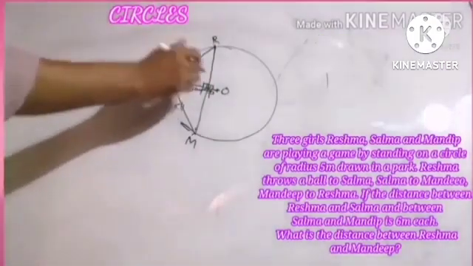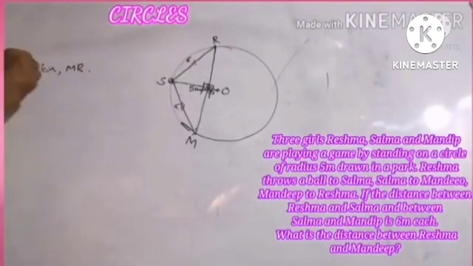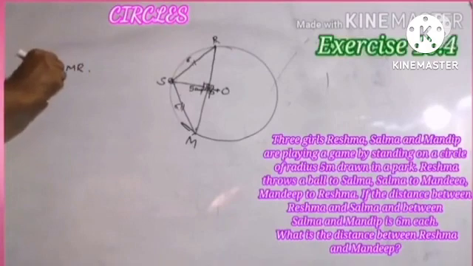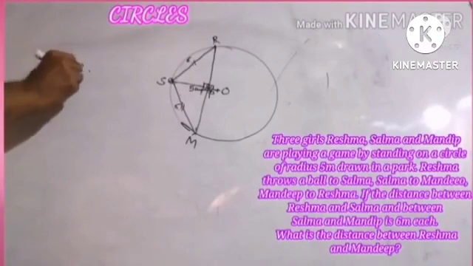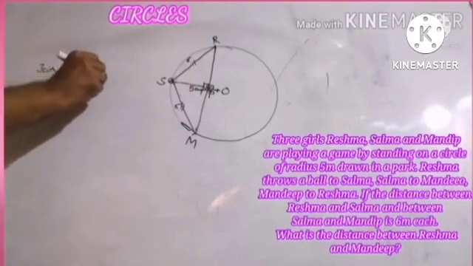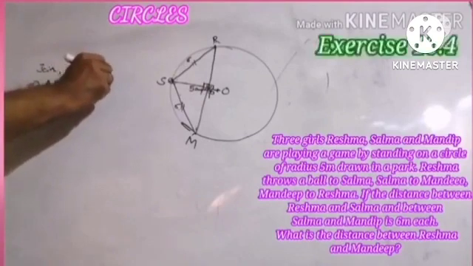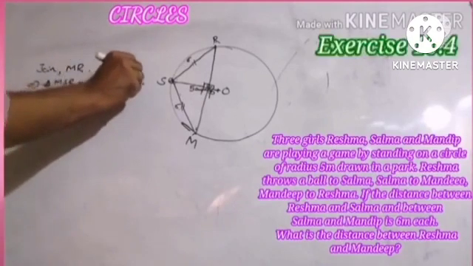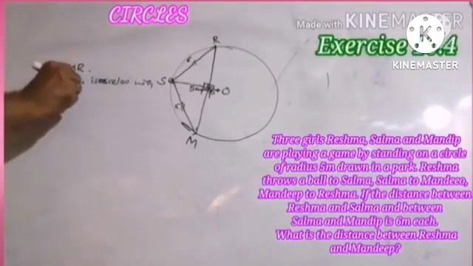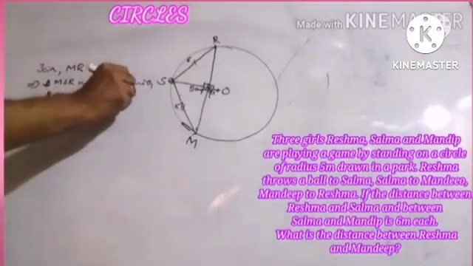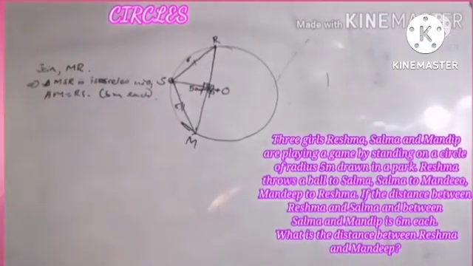So let's start. Join MR, which implies triangle MSR is isosceles with MS equal to RS, 6 meter each.